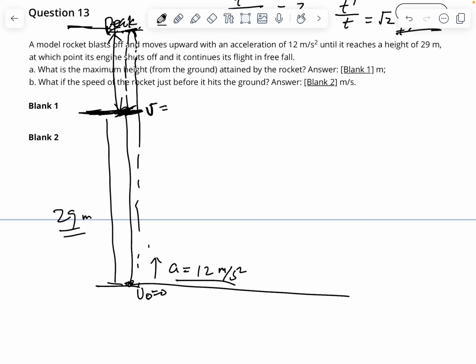All right, so first we have to calculate the initial velocity for the rocket's free fall, which is the velocity here. We can figure this out, right?